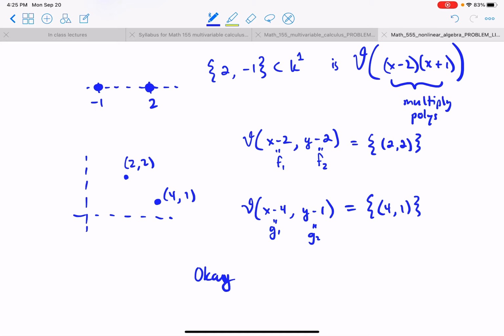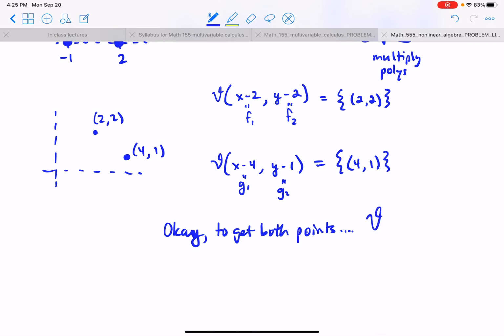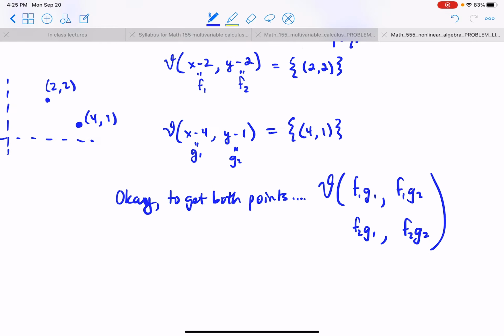Okay, to get both points, we need to multiply. So we'll take the vanishing set of f1g1, f1g2, f2g1, f2g2. So, in more precise detail, V of x minus 2 times x minus 4, comma, so this is one polynomial, I multiplied some polynomials together.